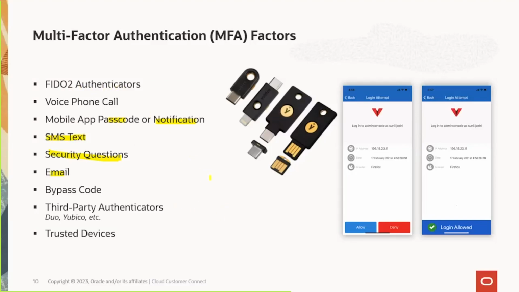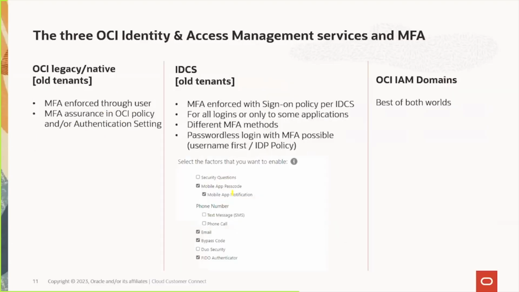All of them are configured by the admin of an IAM domain to make them available for further usage, and you can enable more or less all of them, and only allow certain ones for certain applications, like calling an HCM application, only, for example, FIDO and the authenticator. So you can lock them down to the appropriate one for the application.